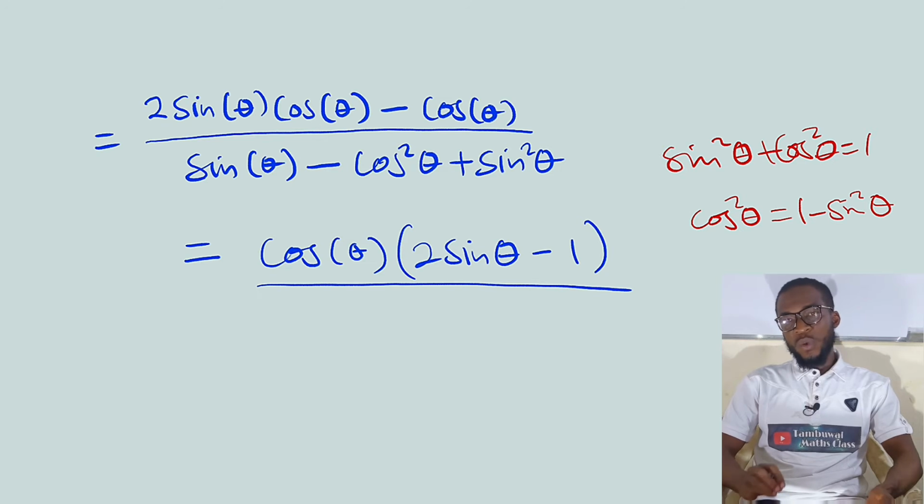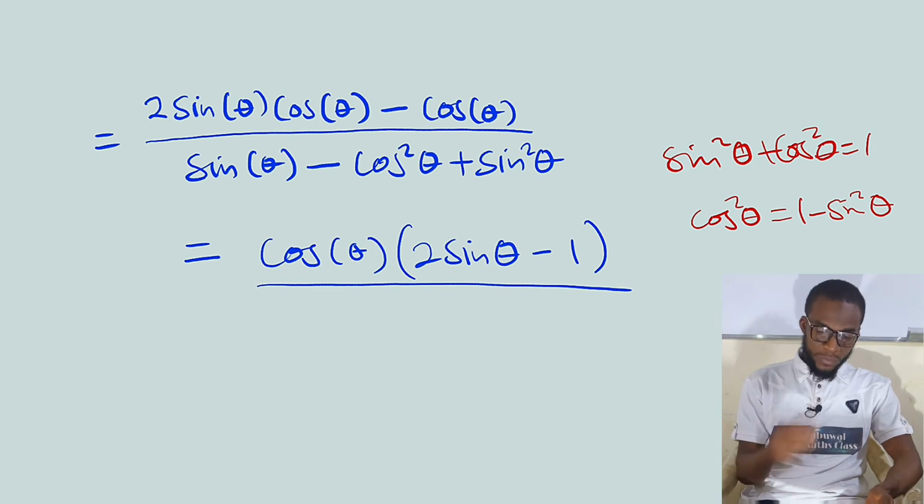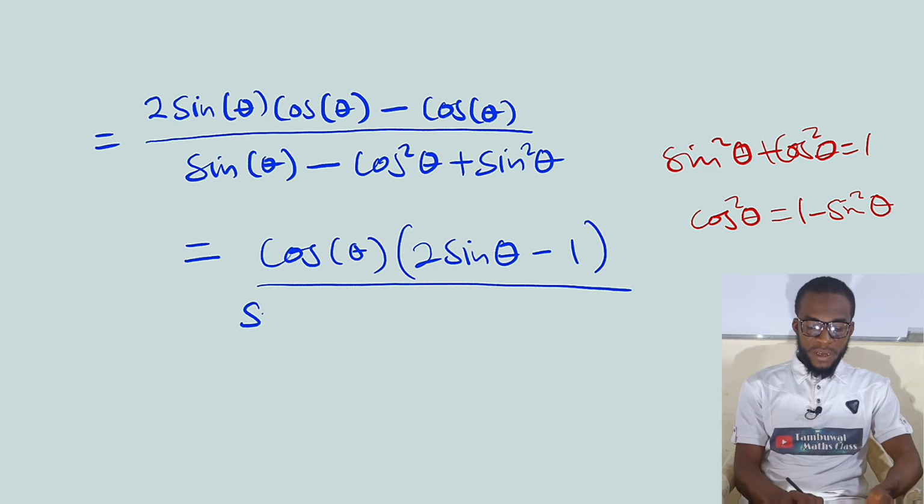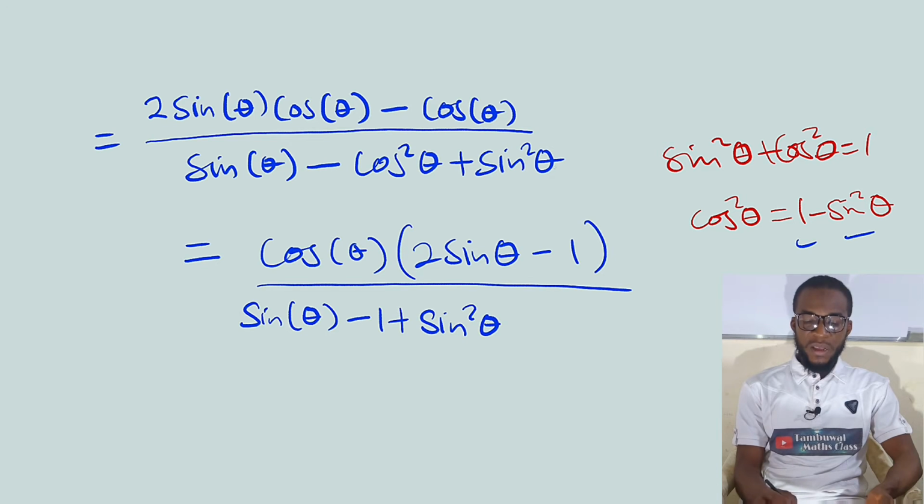So instead of cos squared theta, we are going to write 1 minus sine squared theta. So we have sine theta here. This minus is going to affect these two terms. So we have minus 1, then plus sine squared theta, and we have another sine squared theta here.